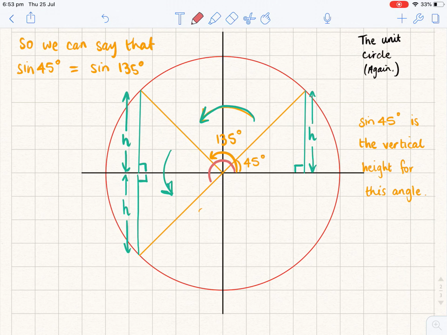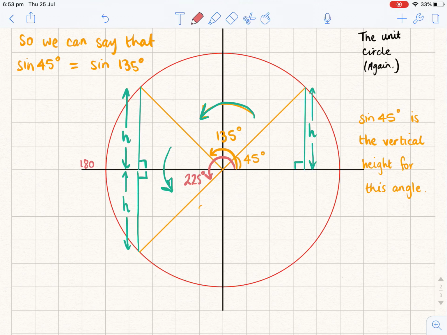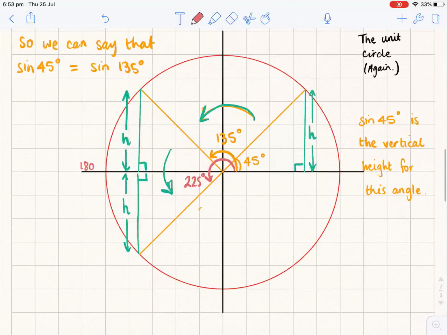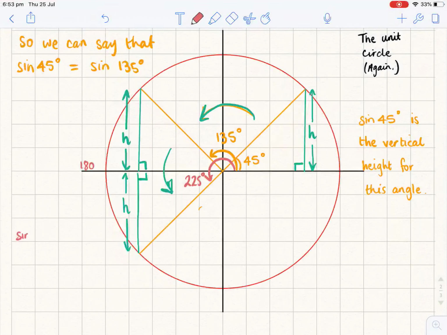This angle goes all the way around to 180 degrees and then 45 more. So that's 225 degrees. So if I come down into this, we call it a quadrant, we can say sine of 45 is equal to sine of 135, and it's also equal to sine of 225.